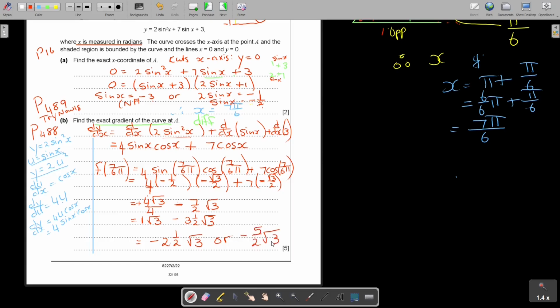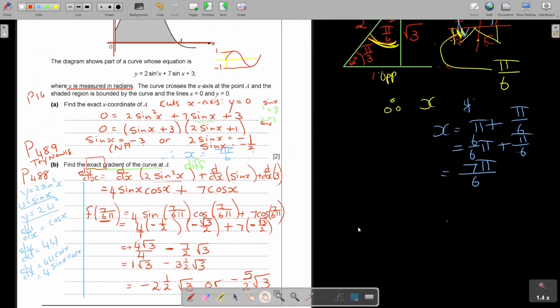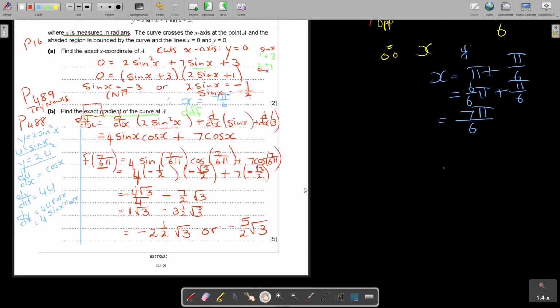So I was able to work this out and find the exact value, which means you could not use a calculator. They wanted you to work out the exact gradient of the curve at A. So after I differentiate, I substitute the x value of A, which I got in part A, and then I got the exact value. So they wanted me to do it like this.